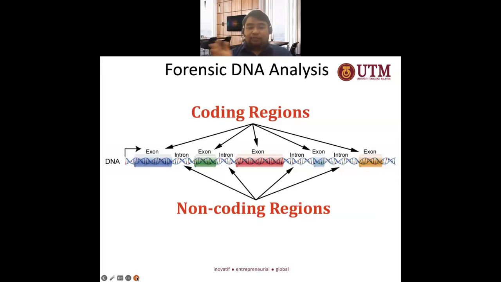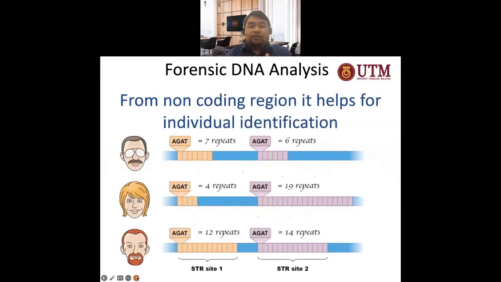So the intron, the non-coding region, helps in individual identification. That's why I said your 95% of junk DNA that doesn't do anything is different from my 95%.